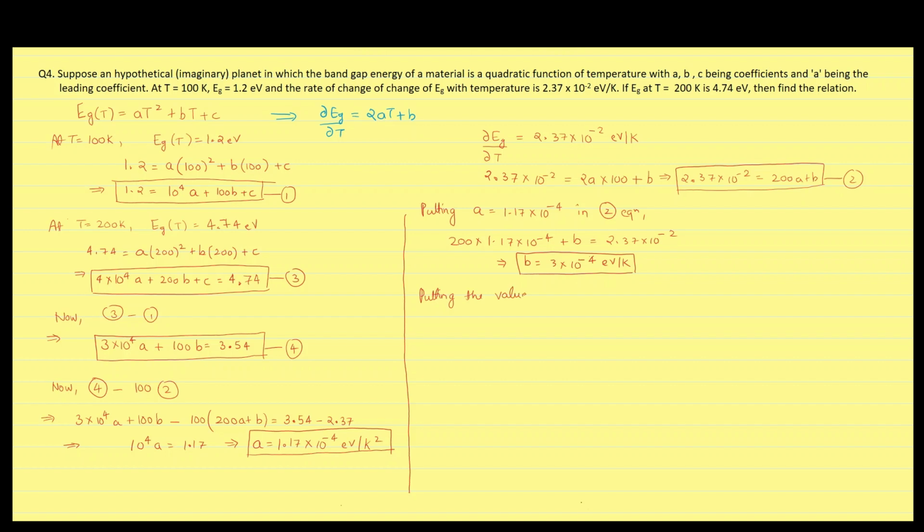Now, putting the value of A and B in the first equation, we can find the value of C. After calculation, you will find that the value of C comes out to be 0. Therefore, the function of bandgap energy with temperature comes out to be like this. This is our final answer.